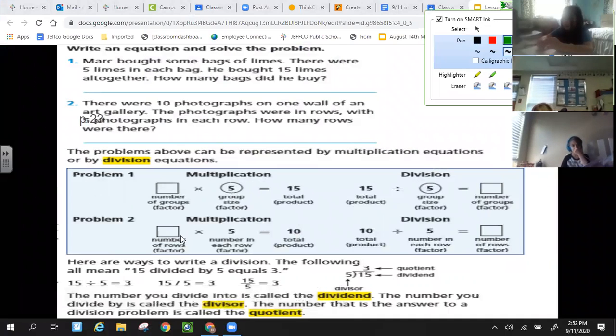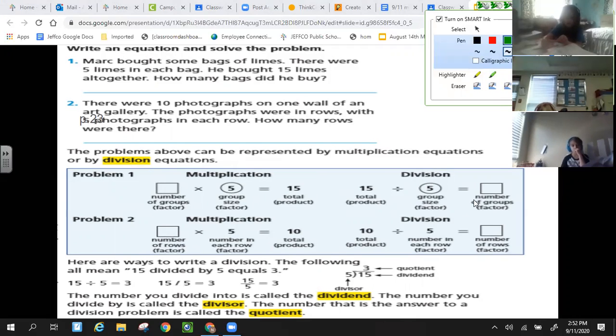Okay. So we know he has 15 limes. That's your total. We know that there's 5 in each, but we're missing the number of groups. So we have to figure out what times 5 equals 15. That's the same thing as saying 15 divided by 5 equals what? So let's try to figure it out.